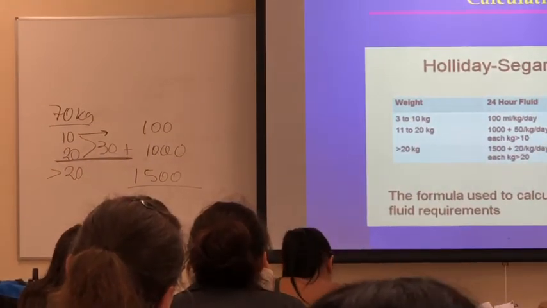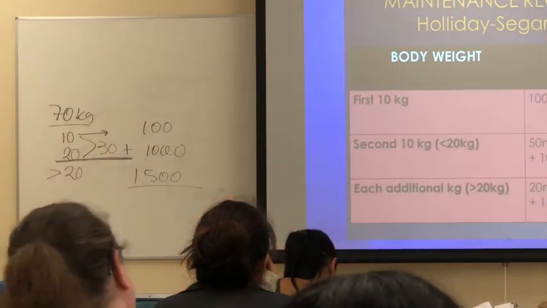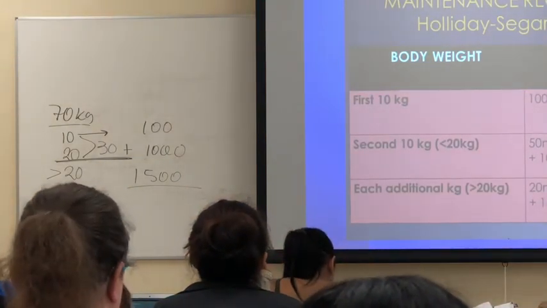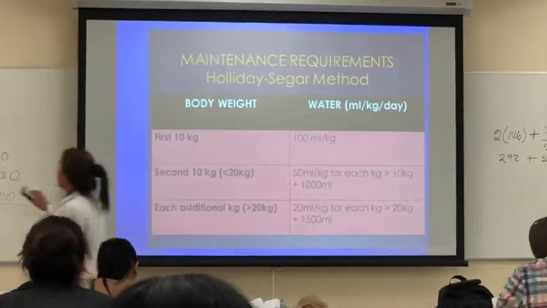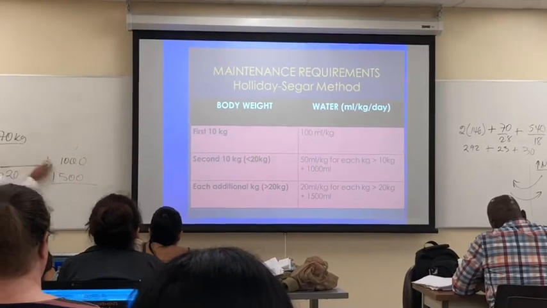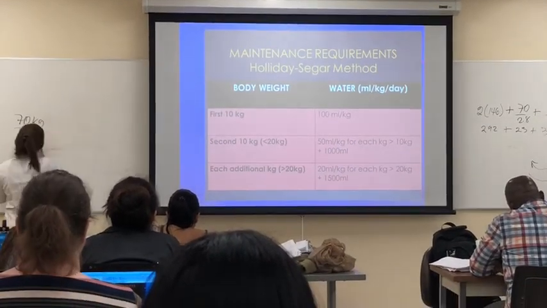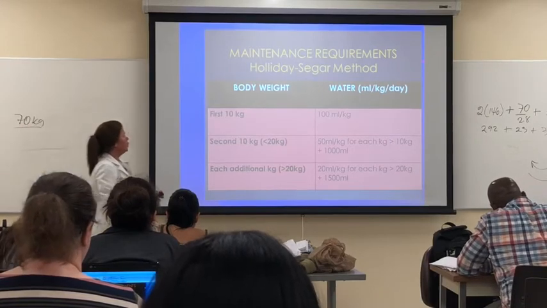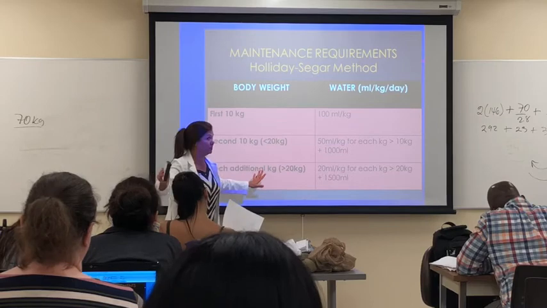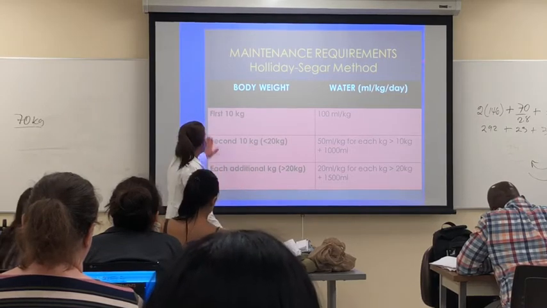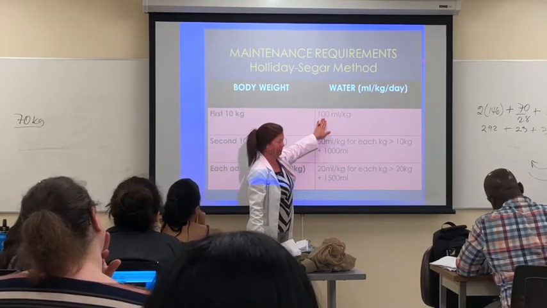So let's do an example. The same thing, as said by this author, broken down: you have a patient with a certain number of kilograms. For the first 10, you need 100 mL per kilo.